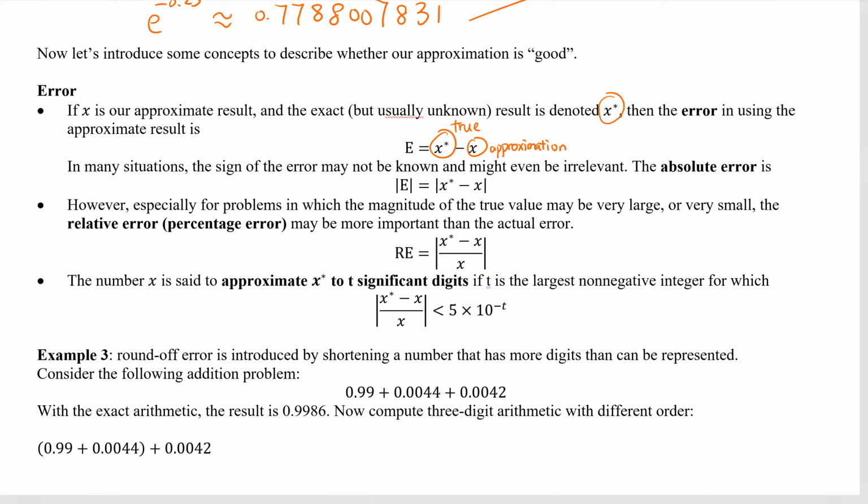But in many situations, the sign of the error may not be known and might even be irrelevant. So we are more interested in the absolute error, which is the absolute value of the difference between the true value and the approximation.